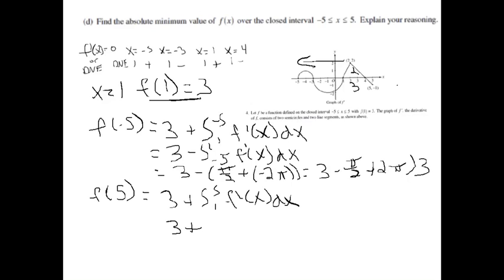The area of that triangle is going to be positive 3. And then I've got this little baby triangle right here with base of 1 and height of 1. It's below the x-axis, so that's going to be plus a negative 1/2. So that is also obviously going to be greater than 3. I can conclude that the absolute minimum is at f of 1 equals 3.